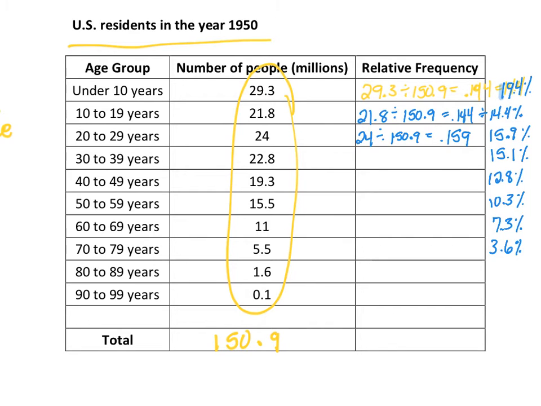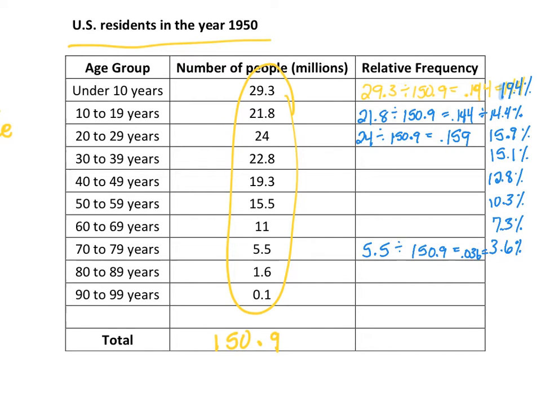And then 3.6. The 3.6 would be, again, how we're doing this. I'm not writing every step down, but it would be 5.5 divided by 150.9, which would be 3.6%, which was, just so we're aware, 0.036.